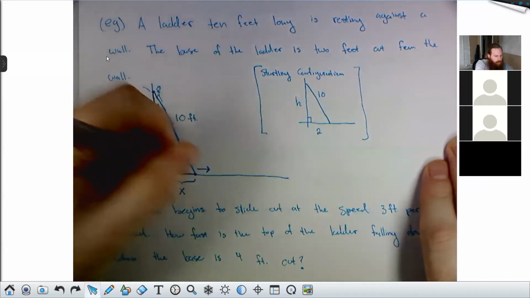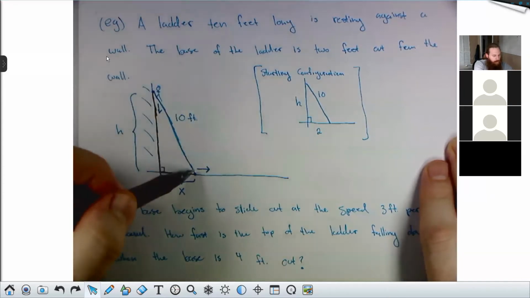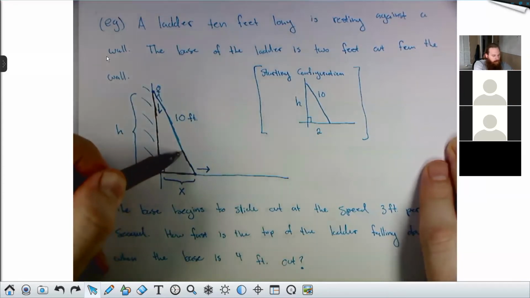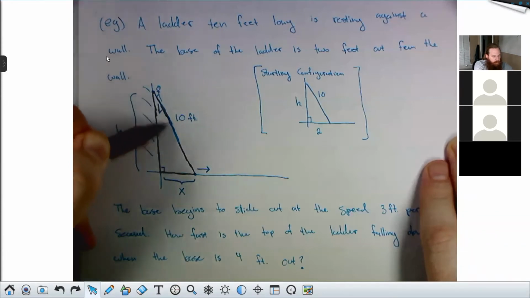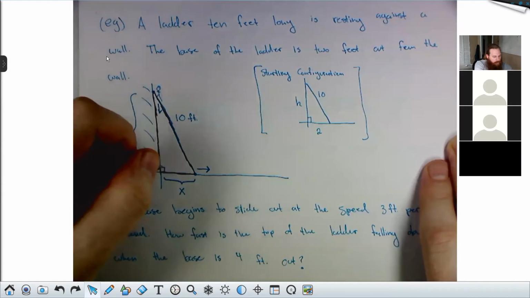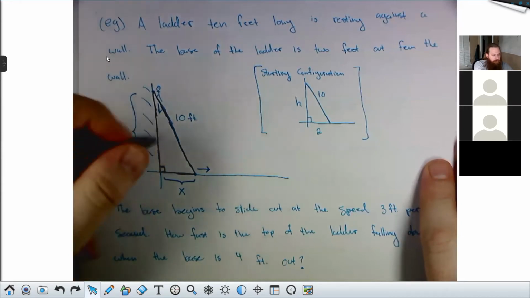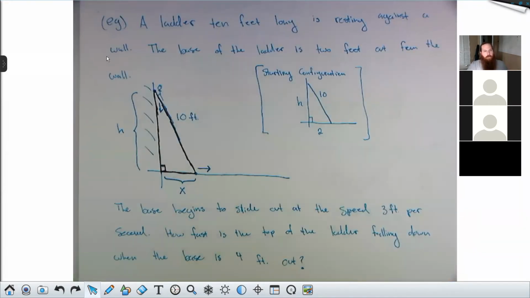Well, it's true that there are some slope-ish relationships here, and certain variations on this problem require you to think of it that way, but I would say there's a more foundational relationship here that's easier to work with. You guys see the dark triangle? That's a right triangle, isn't it?